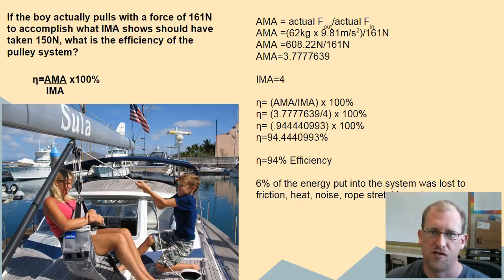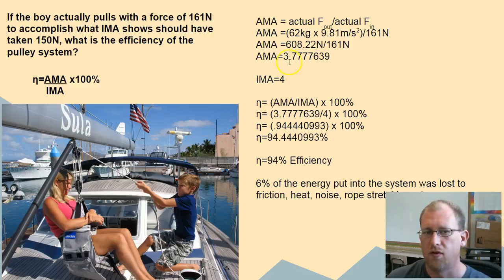Then what's the efficiency here? Actual mechanical advantage is the actual force out divided by the actual force in. So there's his mom's mass, there's the acceleration of gravity, that part didn't change, but he didn't pull with 150 newtons, he pulled with 161. And so here's the actual force of her weight on the earth, and here's the actual force the boy put into the pulley.